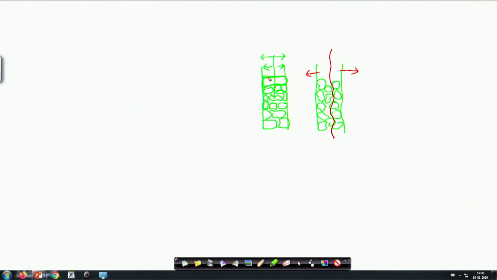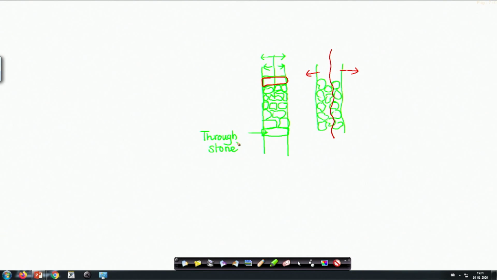But if you can connect it with a stone which is continuously passing through the entire thickness, then the whole thing gets bound. This stone is called the through stone.